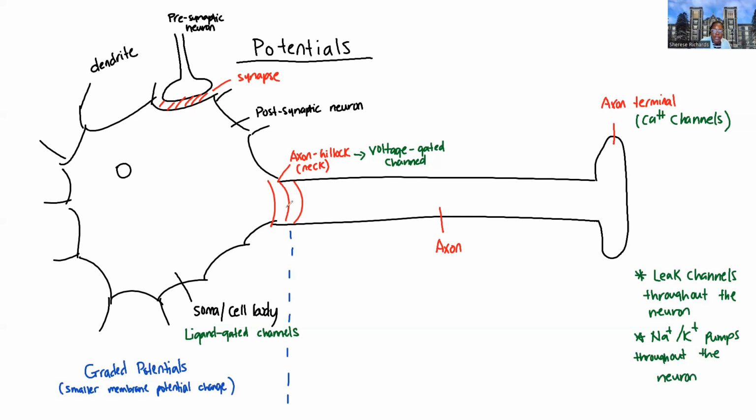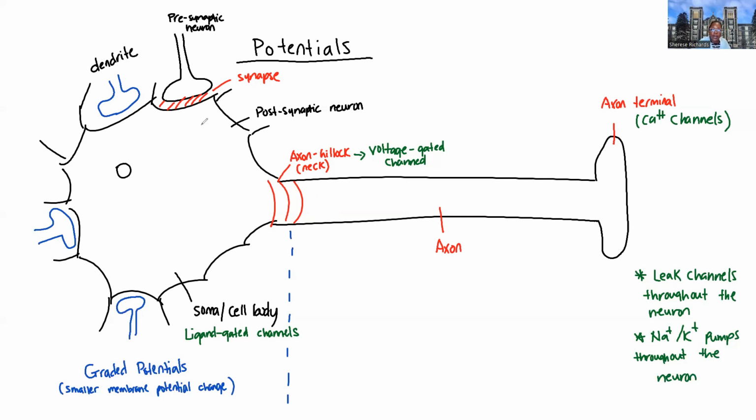At the axon hillock, we're going to assess those smaller graded potentials, and they can be coming in from different presynaptic neurons. Although we only drew one here, there can be many other presynaptic neurons sending their own individual signals, right? The axon hillock is where all of that is assessed.